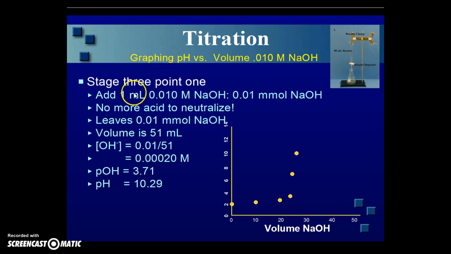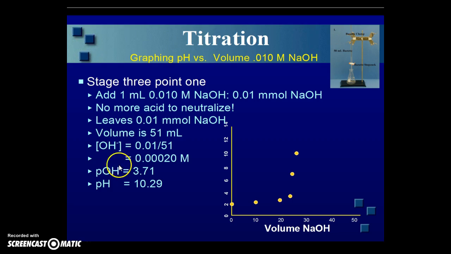At stage 3.1, we're going to add another milliliter of the sodium hydroxide, 0.01 millimoles. The acid's gone, so that leaves the base undisturbed in 51 milliliters. We divide that 0.01 millimoles by 51 milliliters, and we now have 0.00020 molar hydroxide ion.